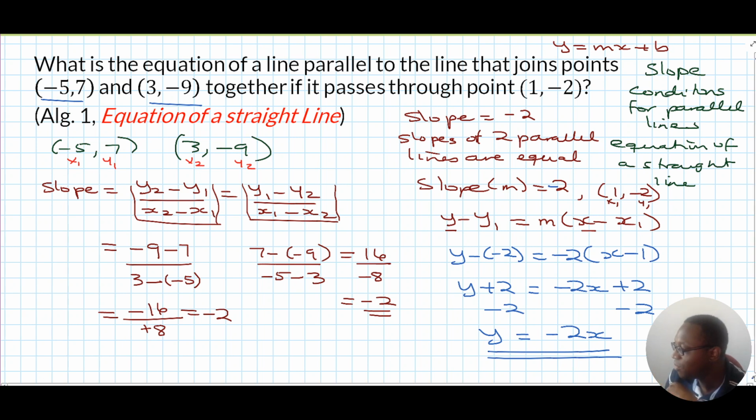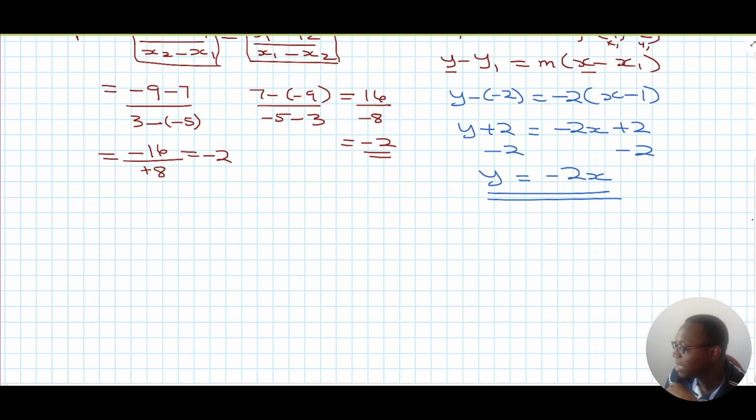The formula for that is y minus y1 equal to m times x minus x1, where m is the slope and x1 and y1 represent the coordinates of the point that you're given. So you plug that in here, and that should get you to your answer.